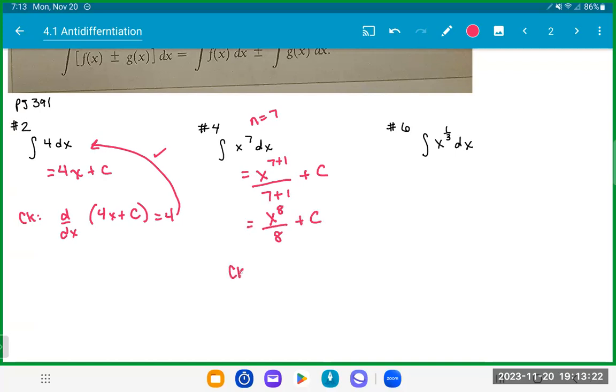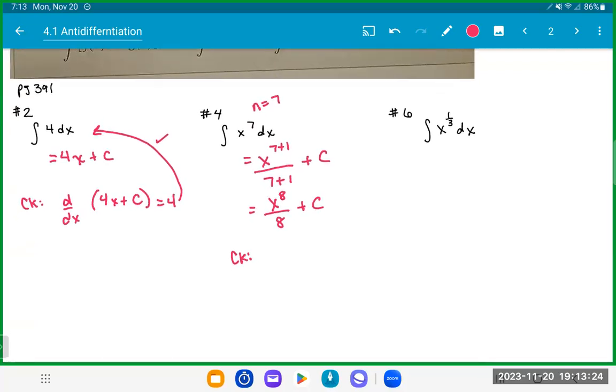Now let's check our work. If I take the derivative d dx of x to the 8th over 8 plus c, then this comes back to x to the 7th, which is what we were looking for here, and that checks out. Okay, questions?